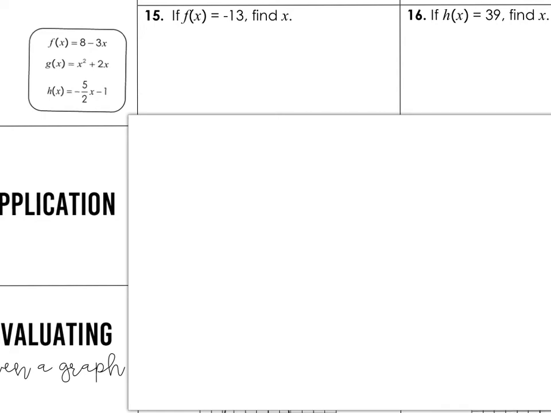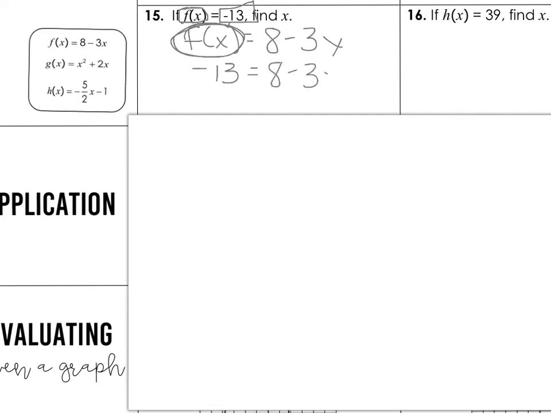So what I'm going to do is pull over my f of x equation, and I can't substitute in x, but I'm going to substitute in this -13 for this entire f of x. So I have -13 equals 8 minus 3x.